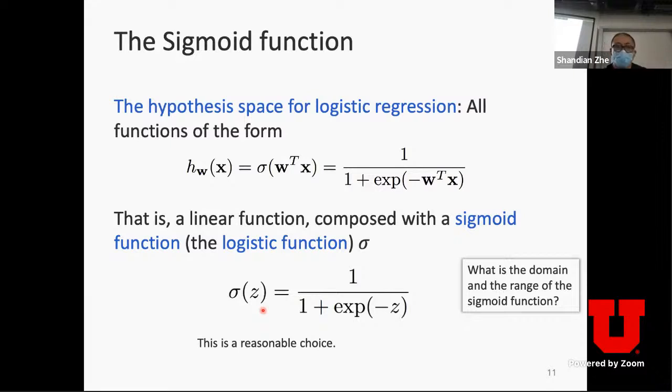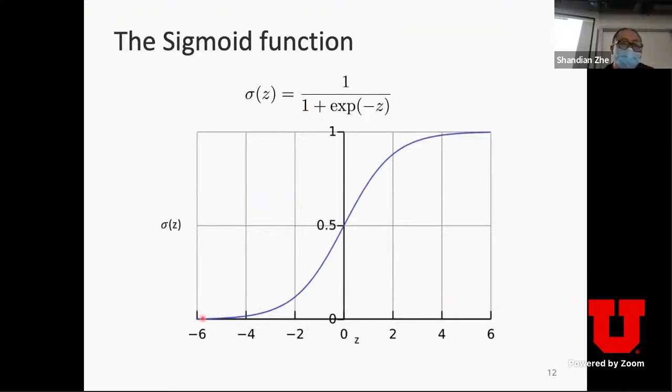So if we take a look at the curve of the sigmoid function, it looks like this. Here z is the axis. You can see how the y value, which is actually the sigmoid function output, varies along with the input z.